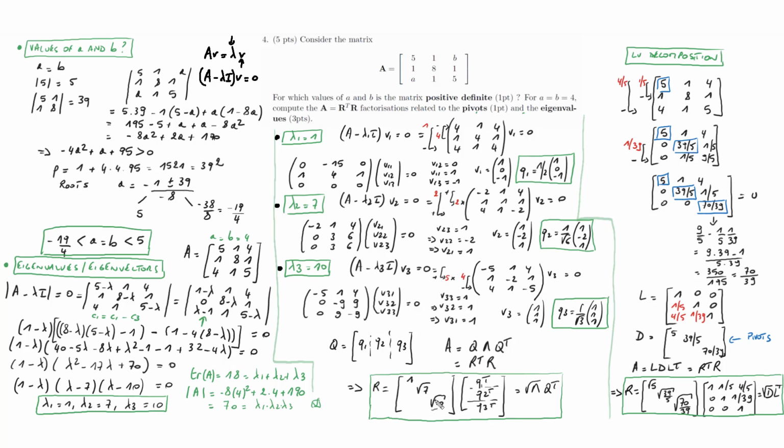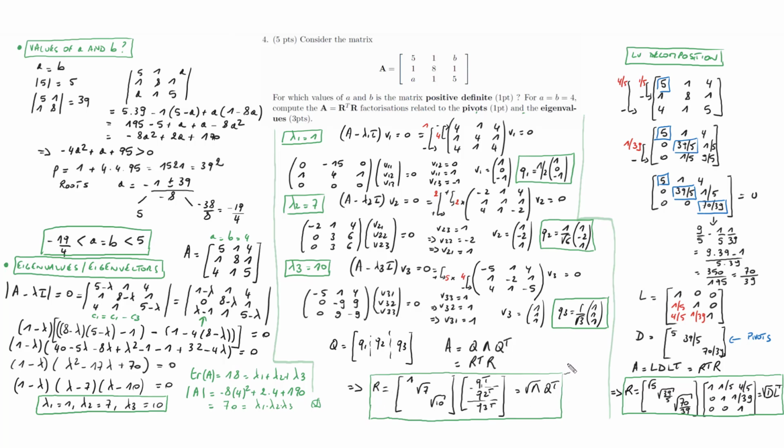Remember that lambda is a diagonal matrix with the eigenvalues on the diagonal, so you can really write the square root of lambda. Since these eigenvalues are all positive, you can write this, and then you have to multiply by Q transpose. At the time of the exam, it's not necessary to do these calculations, right? But you should write this development.